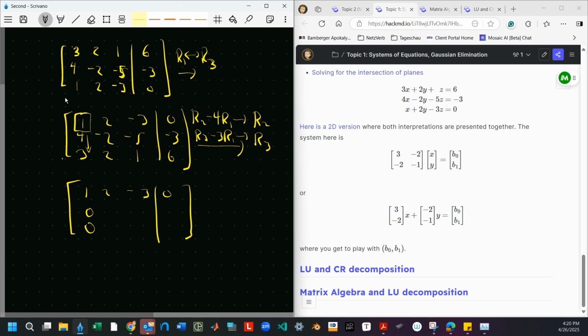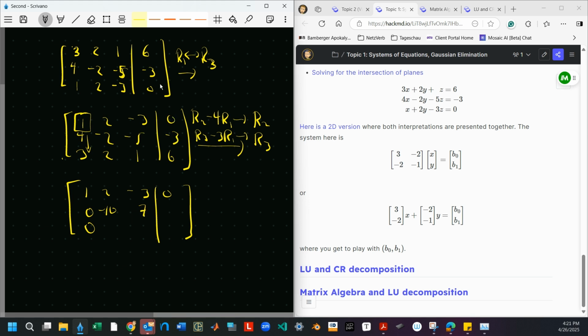Now I've got minus 2. I'm multiplying this by 4, so that becomes 8, and then I'm subtracting, so I get minus 10. I have minus 5, multiplying by 4 becomes minus 12, but I'm subtracting, so that becomes 7, minus 5 plus 7.